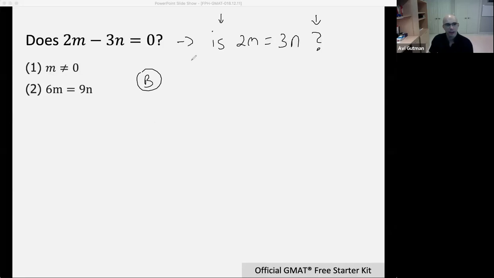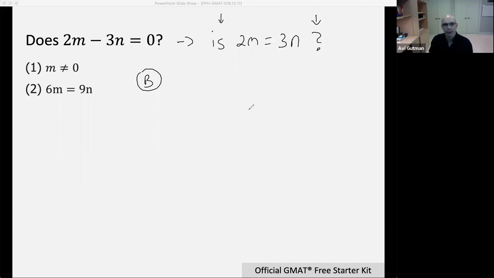But what I think is interesting here is we can continue to rephrase this question a little bit further if we wanted to. We could divide both sides by n, and I'm not really allowed to do that because I don't know that n isn't 0, and if n is allowed to be 0, then I'm not allowed to do this.